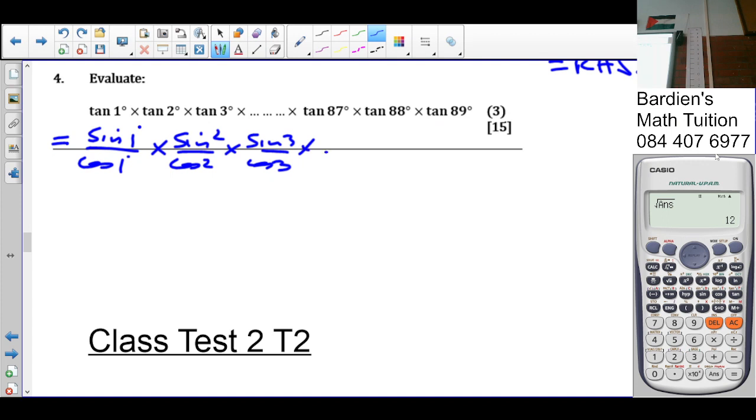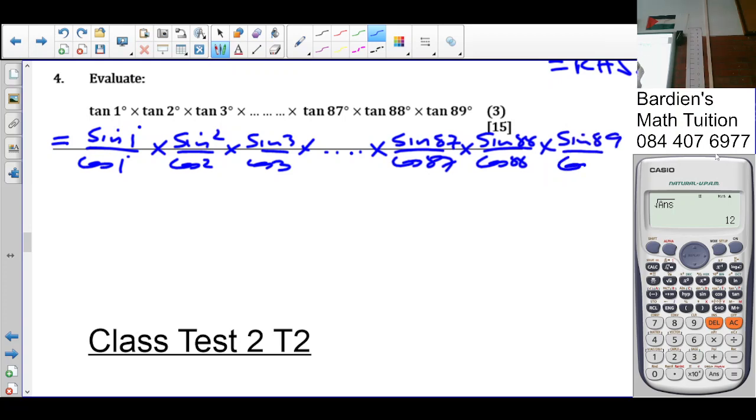Okay, times. That can be written as 10, sine 87 over cos 87. Sine 88 over cos 88. Sine of 89 over cos of 89.